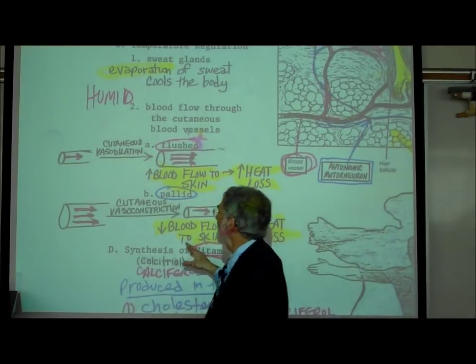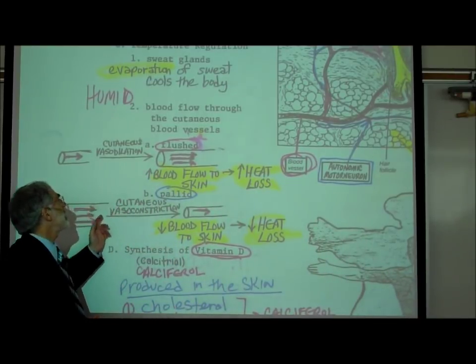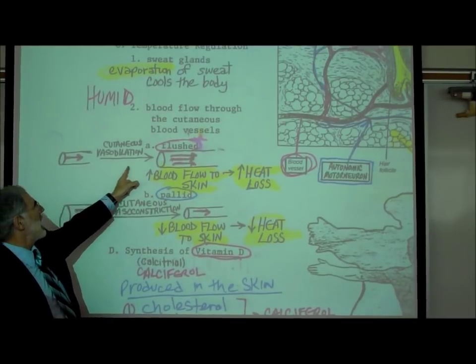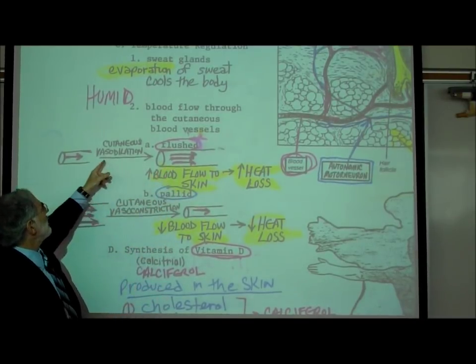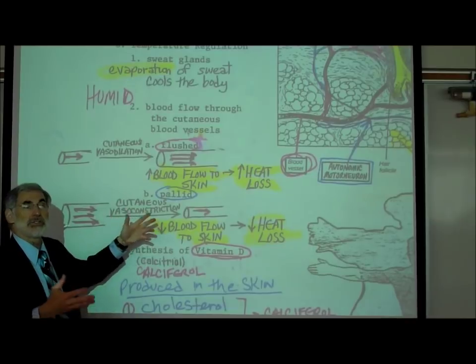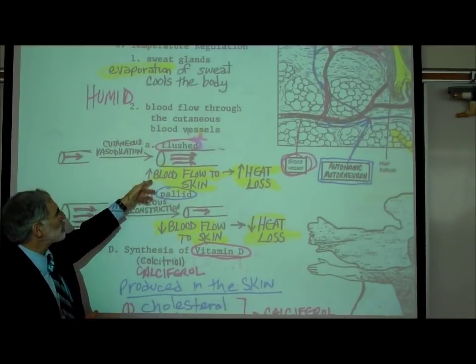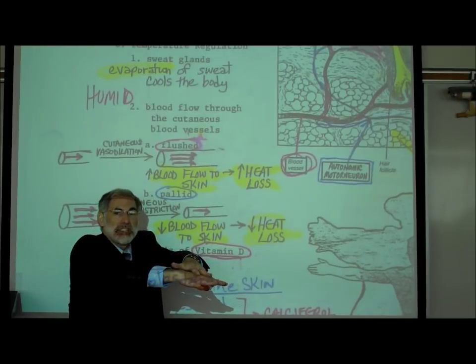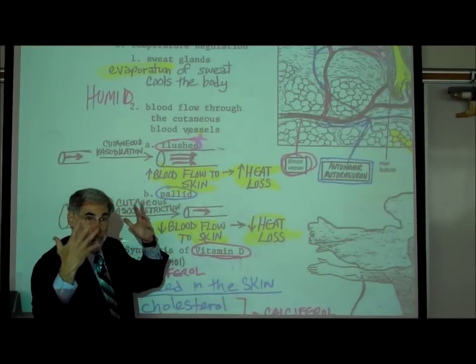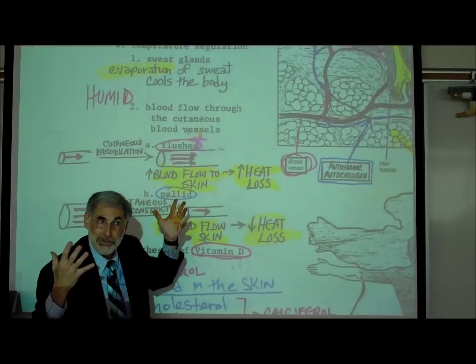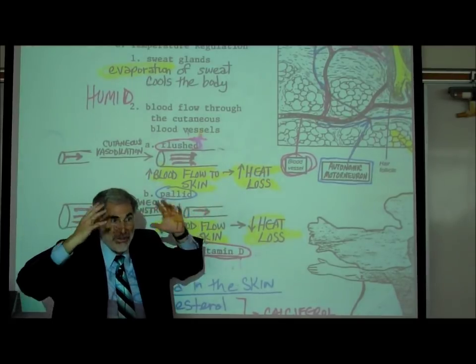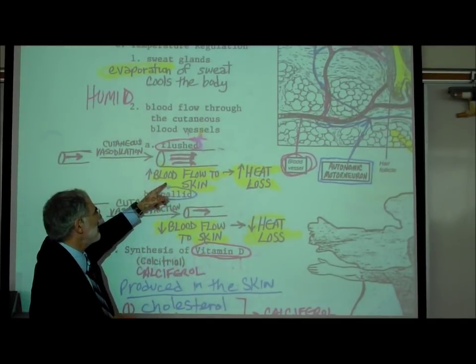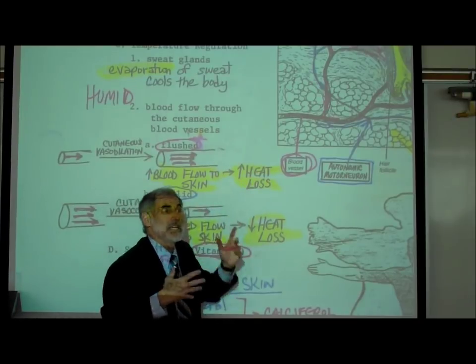Here's how it works. When we're overheated, the blood vessels in our skin dilate. They get wider. That's called cutaneous vasodilation. That increases the flow of warm red blood to the surface of your skin. And people who are fairer skinned get all flushed. It happens in all of us, but you can really see it obviously. And that just increases heat loss.